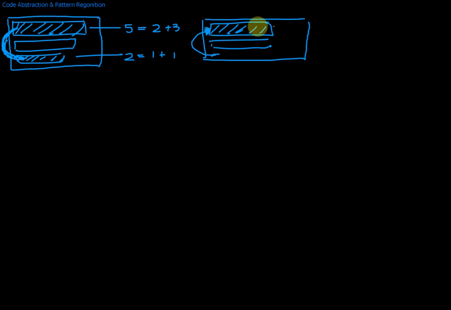So when the code executes, it evaluates it, it returns 5, and for whatever reason, let's say this one returns any old value over here, and then this one will return 2 with a 1 plus 1. So instead of having to rewrite the code, we just tell the program to take these two values and push them through this and then return the value there. So that is the process of identifying code repetition and using that to our advantage.